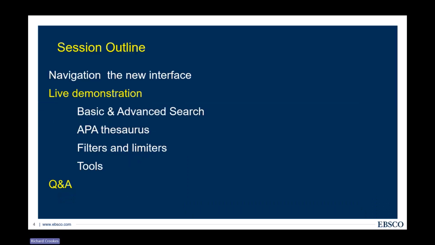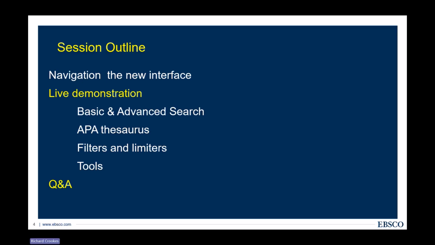Okay, in terms of what we plan to cover in this webinar, we'll look at navigating the new interface, so the navigation options, just to give you a reminder of what's there currently. A live demonstration of a lot of the key features in the context of searching APA PsycInfo by a particular framework. So we'll look at basic and advanced search options. We'll look at the use of the APA Thesaurus, which has been enhanced over the last few months.